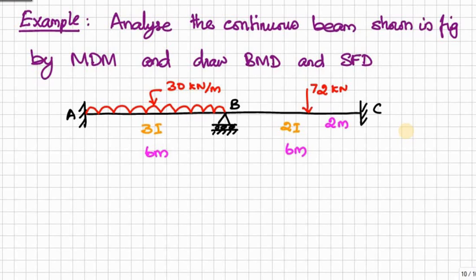So in this problem we have two spans, that is AB and BC. So first consider span AB. Span AB has a UDL of 30 kilonewton per meter.